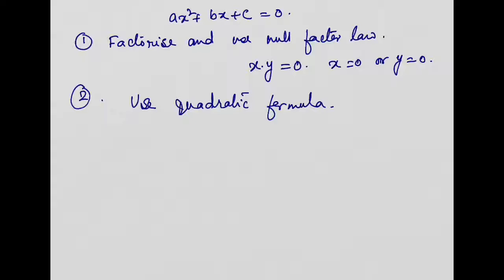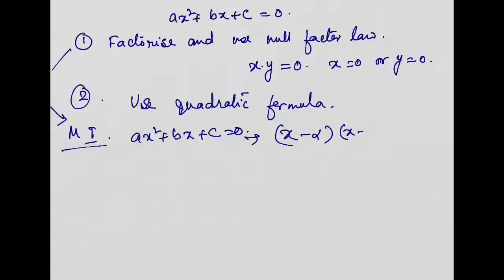Now, for method 1, factorizing and using the null factor law, if you express ax squared plus bx plus c equals 0, by trial and error we can find the factors of this expression and write it as x minus alpha times x minus beta equals 0, or a times that.